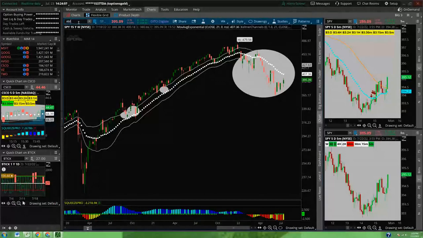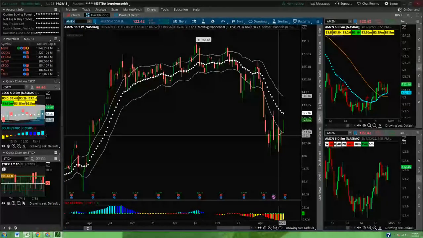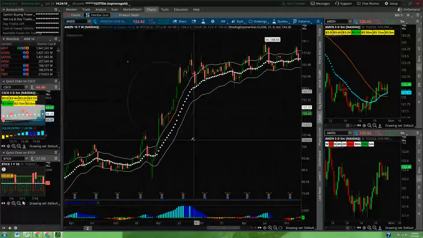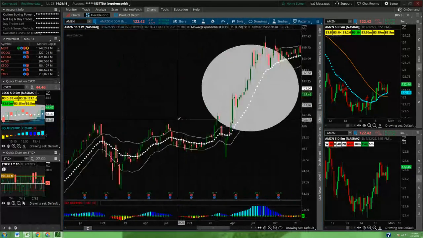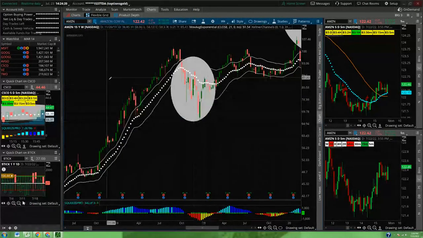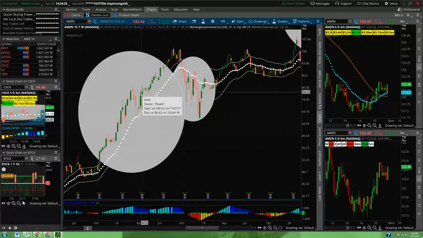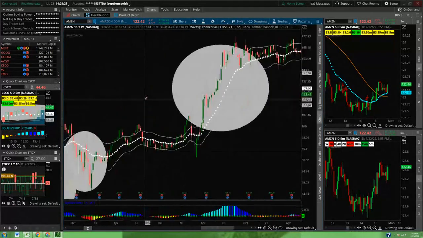Why aren't we seeing any buy signals in Amazon on the daily chart? Because of the structure of the weekly. We will when the weekly chart looks like this. We won't when the weekly chart looks like that. And we will when the weekly looks like that. So that rule applies to every time frame.